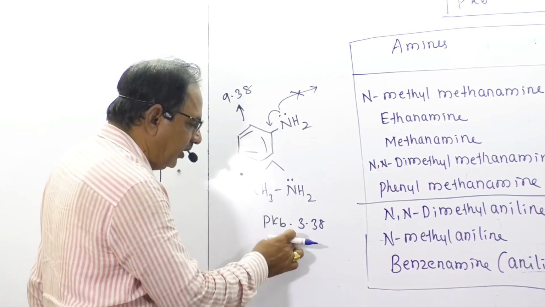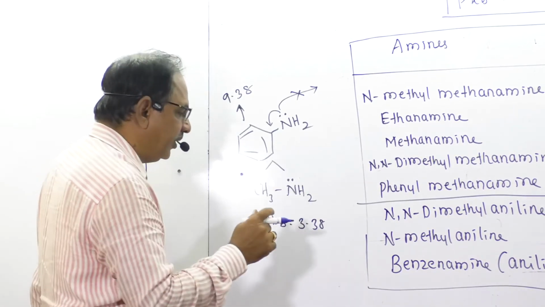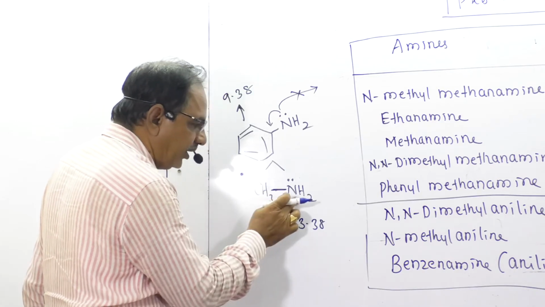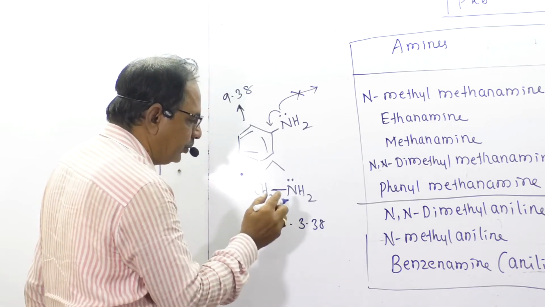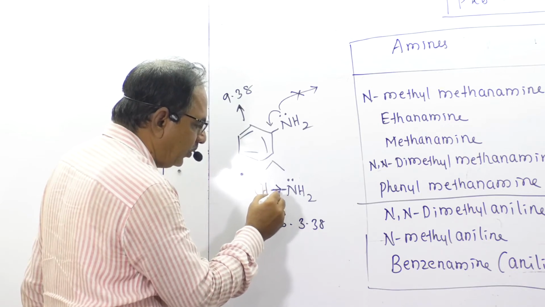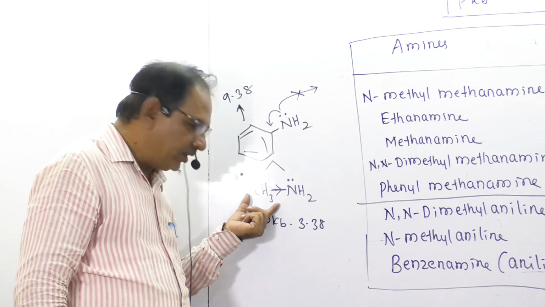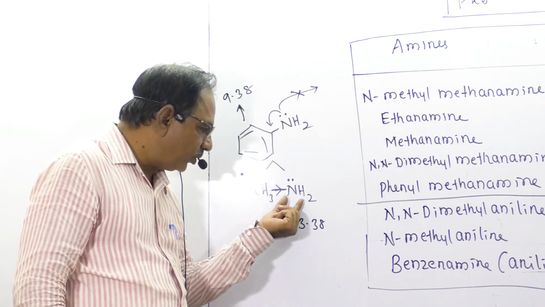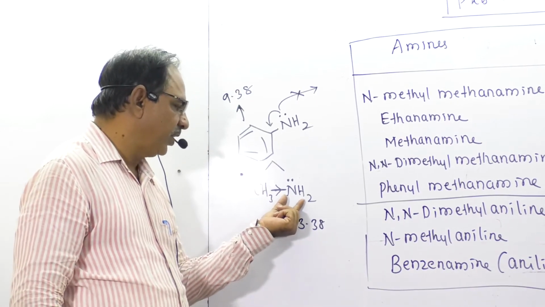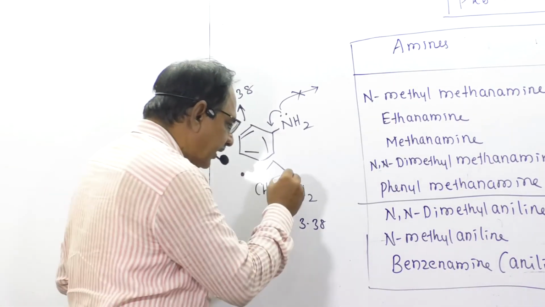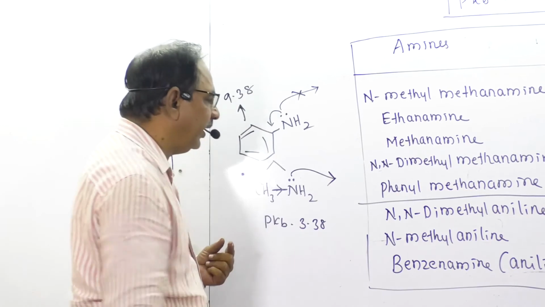Why does this have a lower pKb value, why is it more basic? The CH3 group attached to the NH2 group is an electron donating group. That CH3 group donates electron density towards nitrogen, hence the electron density on the nitrogen increases and it easily donates a pair of electrons.